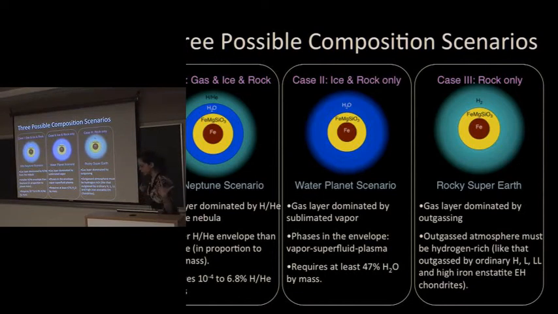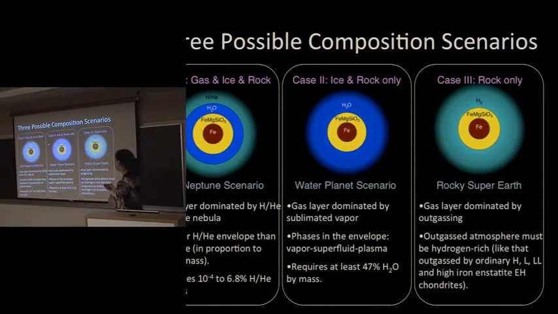Also, a second scenario is if the planet formed from a mixture of ice and rock materials, similar to a comet, and instead has a very high mean molecular weight, water-dominated envelope.